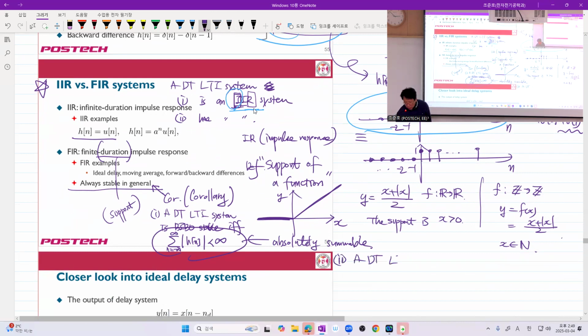A DT LTI system is an FIR system if what? Its impulse response has finite support. What does that mean? This summation has a finite lower limit and a finite upper limit.